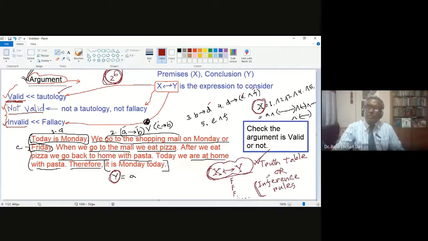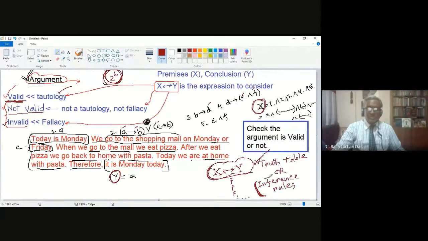And we will also learn some new laws, new rules, so that you can prove it in an algebraic, logical way, not by truth table. It is small, but it is hard and complicated. So this is the inference rule.